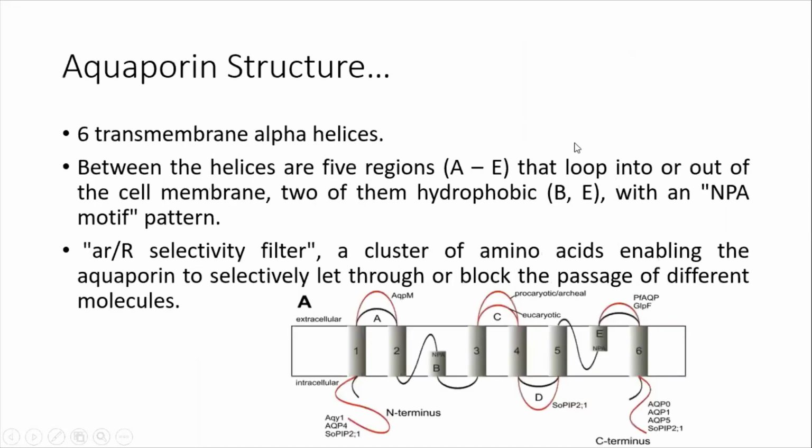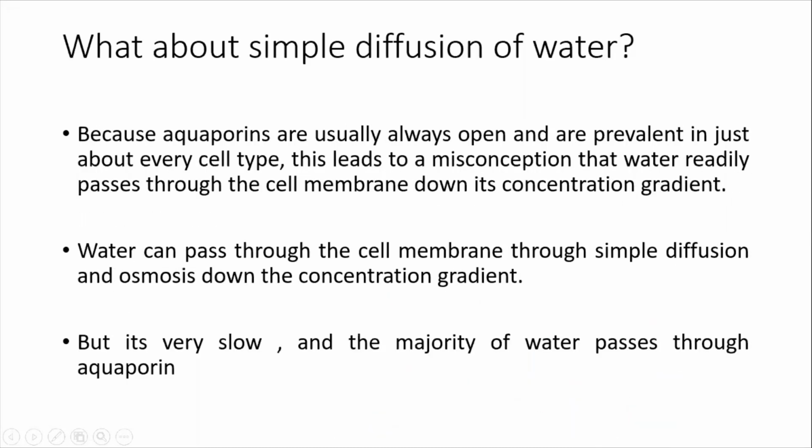Initially we also studied that water can pass through by simple diffusion. That is true. Even though it can pass through by simple diffusion and osmosis down the concentration gradient, the flow rate is very, very slow. Hence, whenever a cell is taking in or giving out water, it is mostly because of the aquaporins.